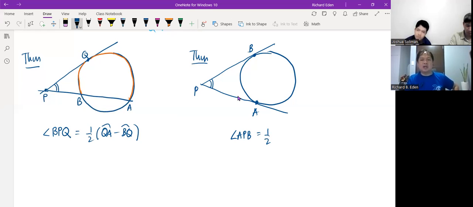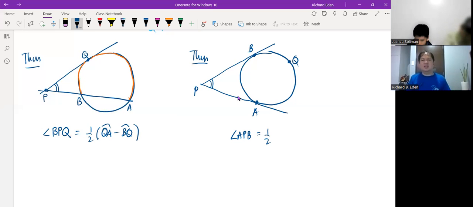Now we have two arcs, both with endpoints A and B, so to distinguish between the two of them, on the major arc, let me choose any point. It doesn't matter which point. After I've chosen a point, let's call that Q.